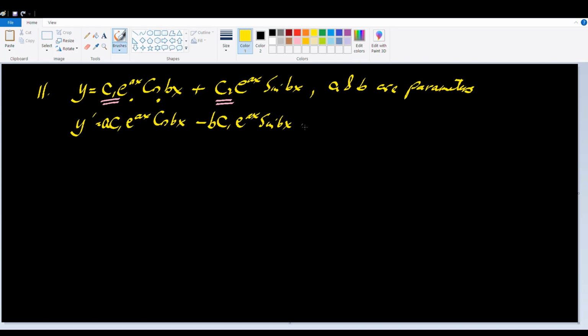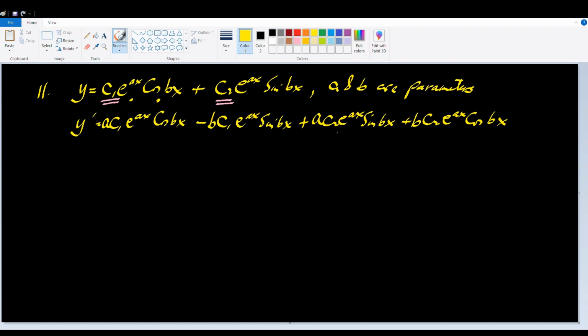Then plus, we go to the next one, c2. Derivative of e to the ax is a e to the ax sine bx plus c2 e to the ax. Derivative now of sine is cosine of bx, and the derivative of bx is b. Alright, so two terms at the right side. After differentiation, it will yield 4 terms at the right side. So if we proceed to y double prime, we will be generating 8 terms.